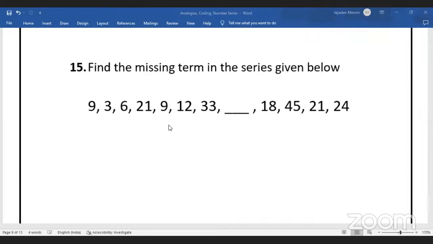Very good, Kavya, Arun, Chandana, Devika, Isha, Harishankar. 15 is correct. So here also we are having a series. 3 different series are given alternately. So if you are looking here, we can treat 9, 21, 33, 45 as the terms of the first series.